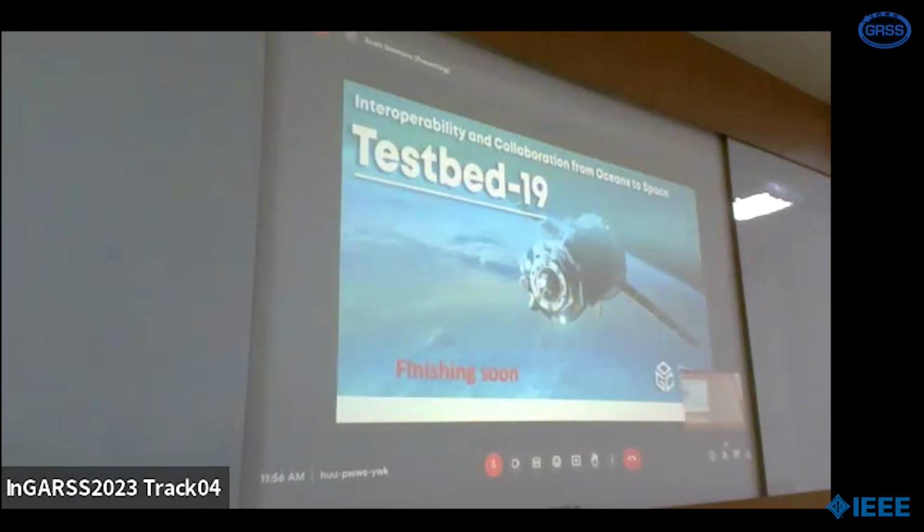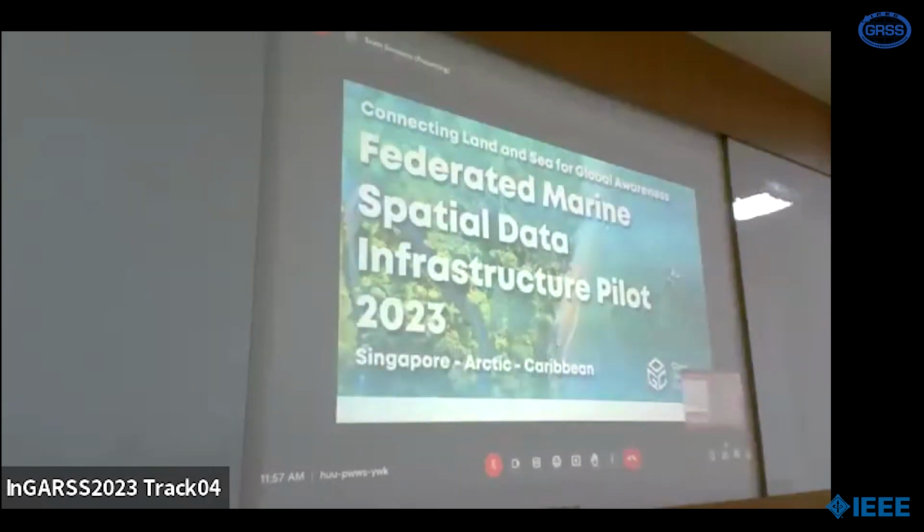We're now finishing Testbed 19, looking more at collaboration on these kinds of data, from ocean data to space data and in between. And that marine data infrastructure is continuing. Now we're talking about the offloading of freight, be it containers in Singapore or humans from cruise ships in the Caribbean, and all the data you need to analyze the impact of that offloading on the infrastructure.